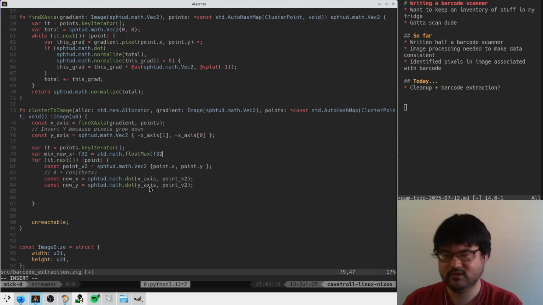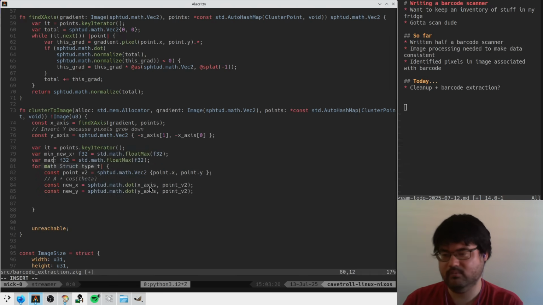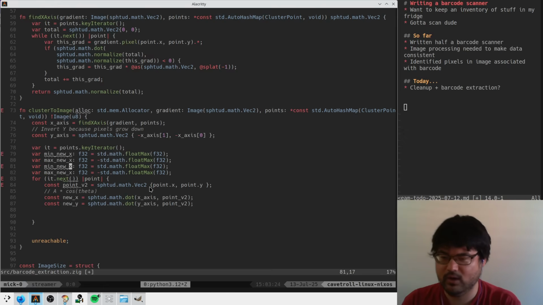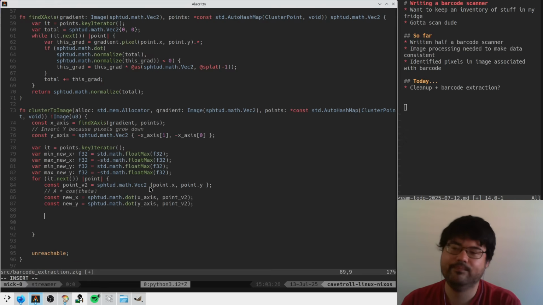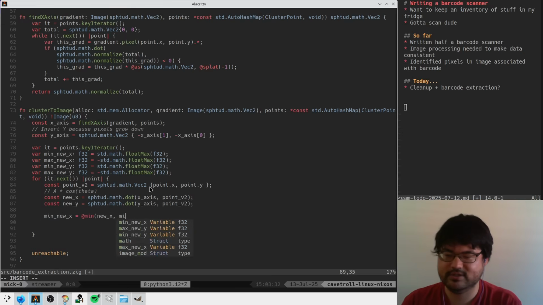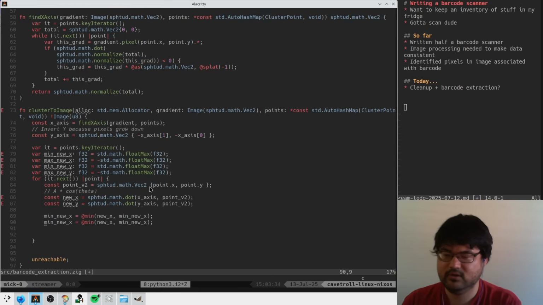Float max. Max new x starts as negative float max, and then we do the same thing for y. Min new x is equal to the min of new x and min new x. Max new x is max here. And then we do the same thing with y.